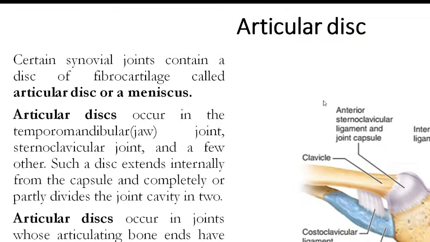Next, articular discs. Synovial joints contain discs of fibrocartilage, called articular discs or menisci. Articular discs occur in the temporomandibular joint and sternoclavicular joint.